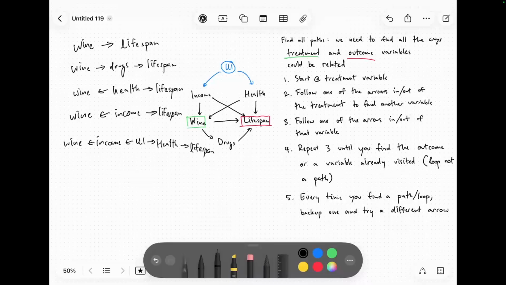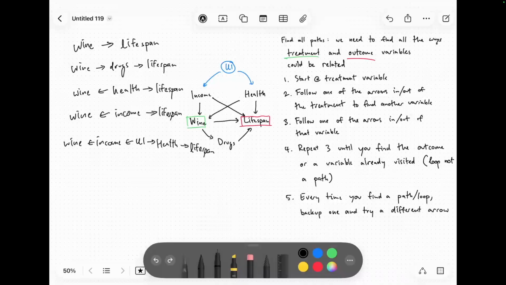Your starting point is wine and you always end up with lifespan. So from income, wine, drugs, lifespan. But your starting point is not wine, right? Step 1, you always have to start at the treatment variable. So, not quite a path, right?